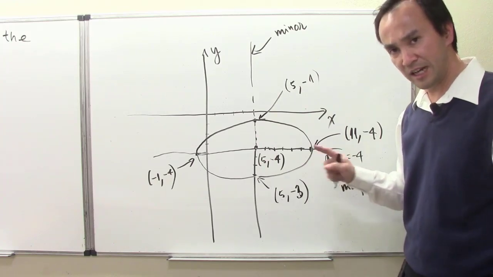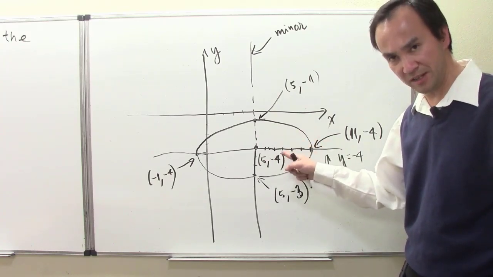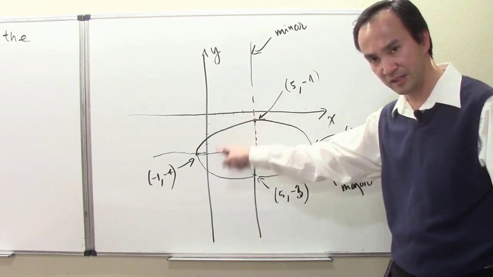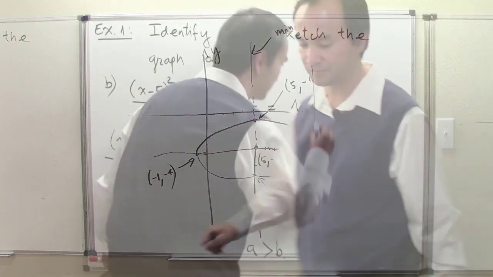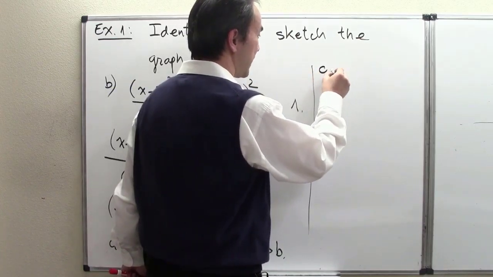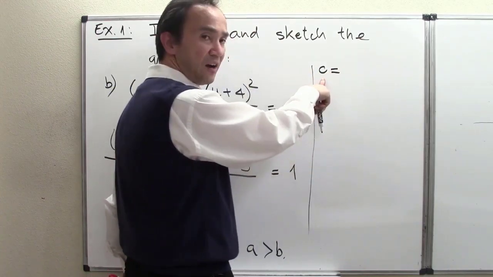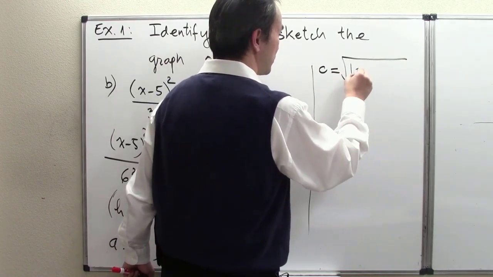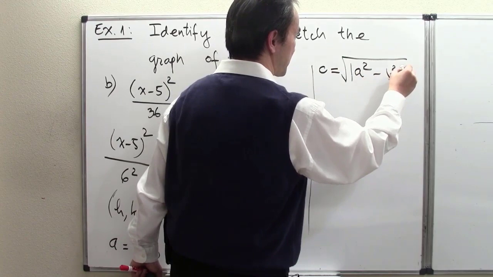Let's now quickly calculate c so that we can put down our foci, and once again the foci should be found on this major axis. So back to the formula. To calculate foci, we first need a c value. C equals the square root of the absolute value of a squared minus b squared.